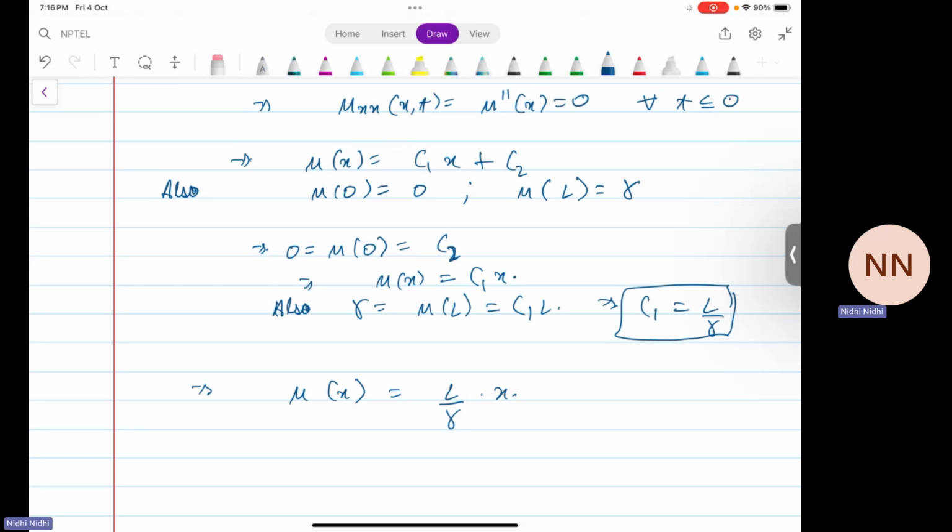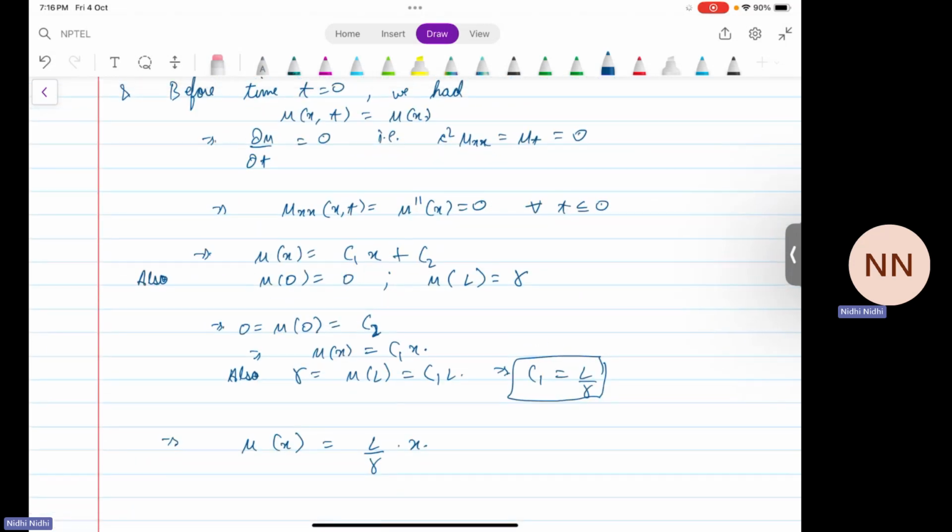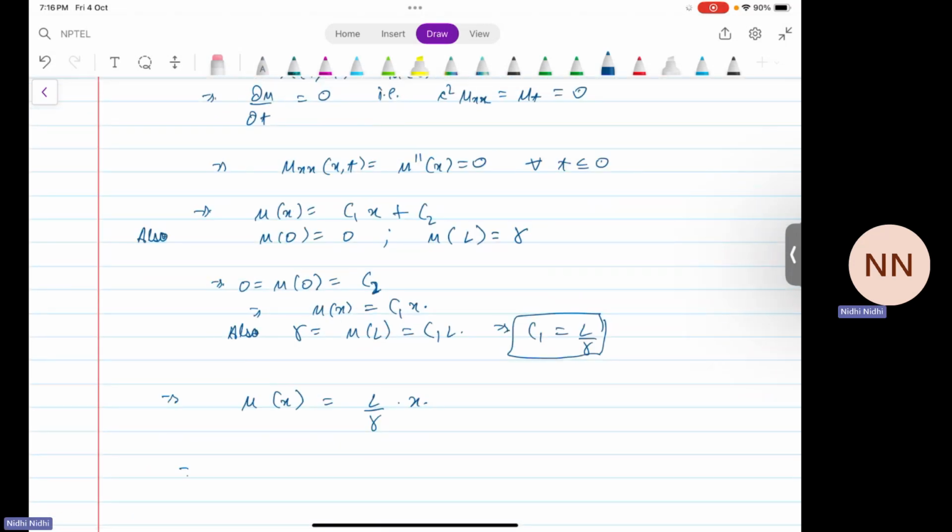Now this is the scenario for t less than or equal to 0. So this gives us u(x,0) is gamma by L times x.